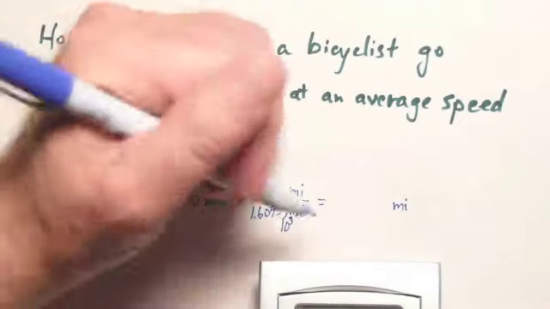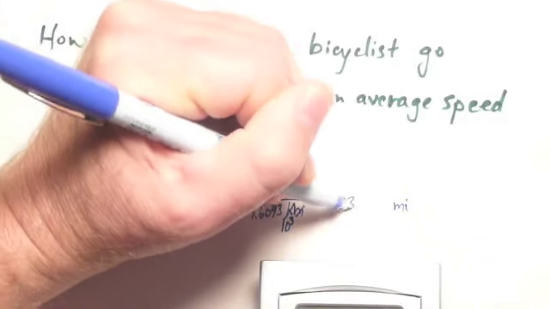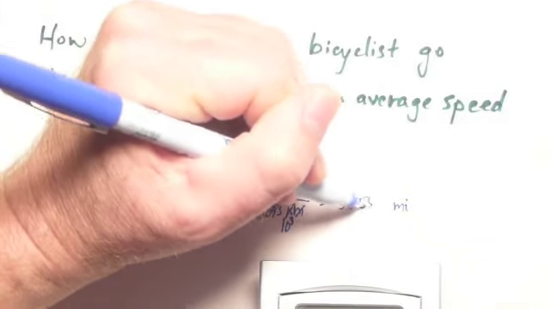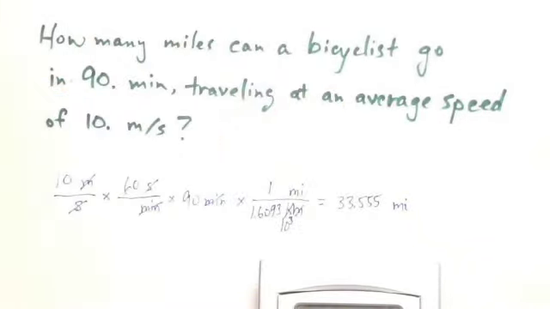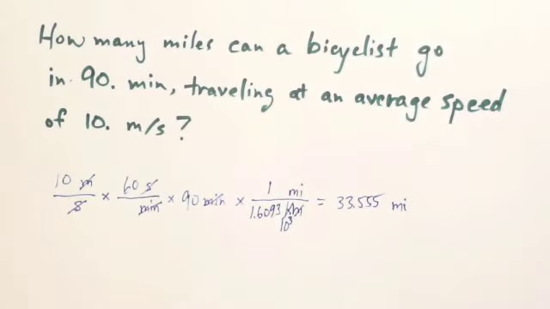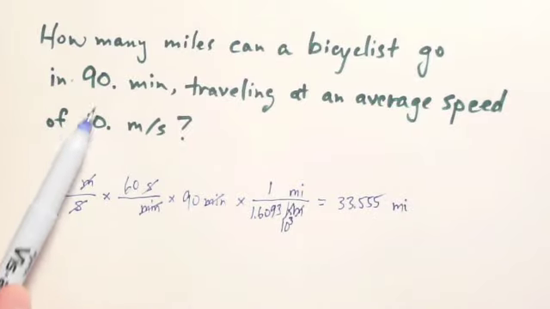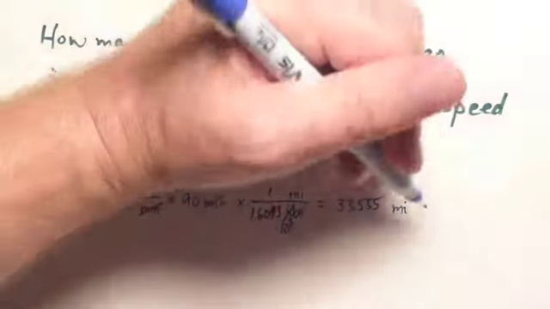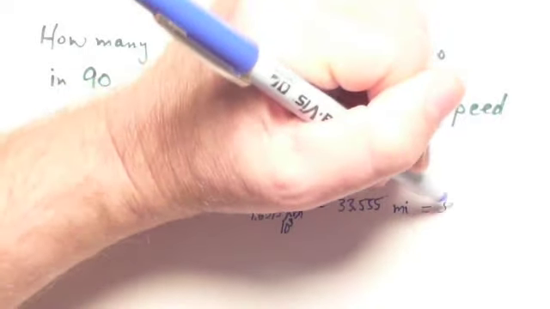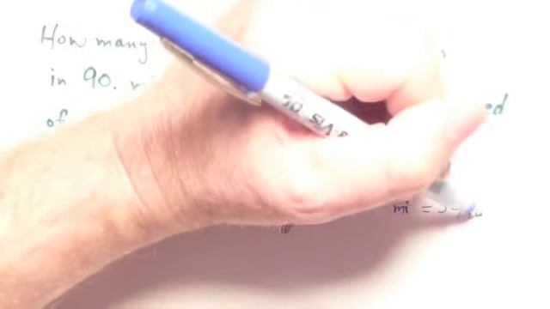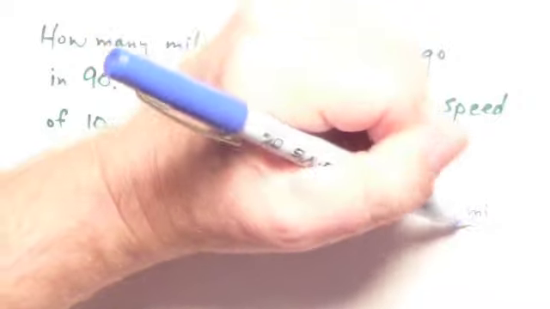And that gives our answer to be 33.555 in 5 significant figures. How many significant figures should we have? Each of these had 2, so we need to round that to 2 significant figures, and that would be 34 miles. And that's our answer.